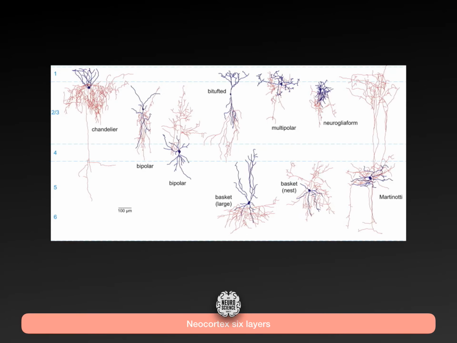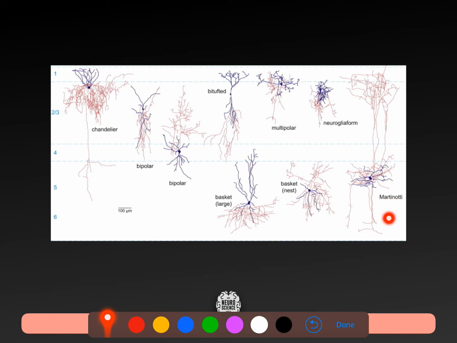This is the reason I mentioned you don't need to worry too much about it, because although I've mentioned 2 or 3, and although there's 4 or 5 in the learning outcomes, there are so many different types, and there's a lot of variation. So there's Martinotti cells, they're usually found in layer 1 up here, but they can be down in layer 5. There are chandelier cells that hang over in layer 1, 2 and 3 and then hang down here.